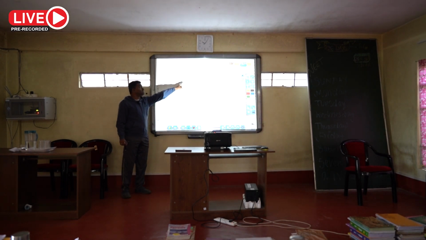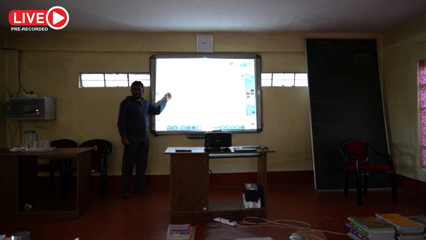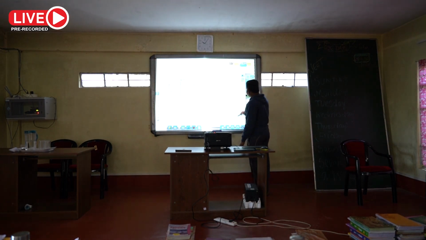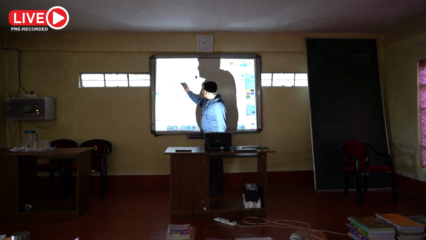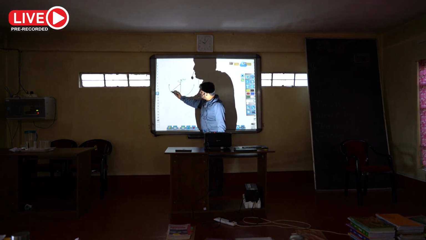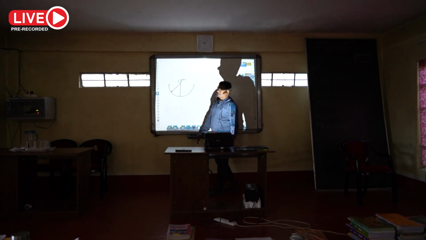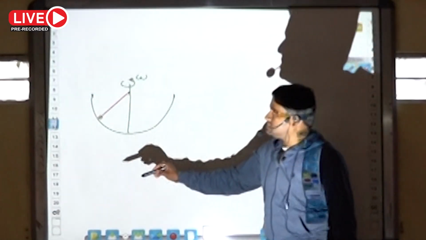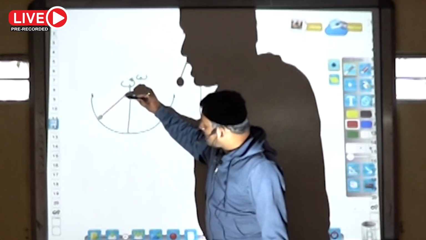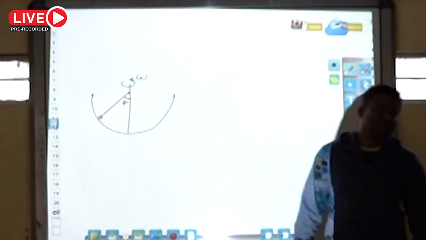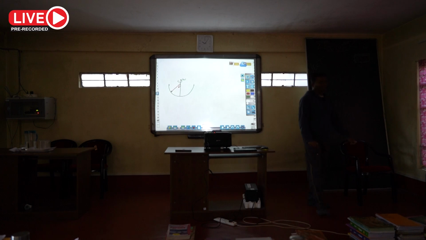You have to find the angular speed for which the ball will stay and not slip. This radius from the center of the hemisphere makes an angle alpha with the axis.